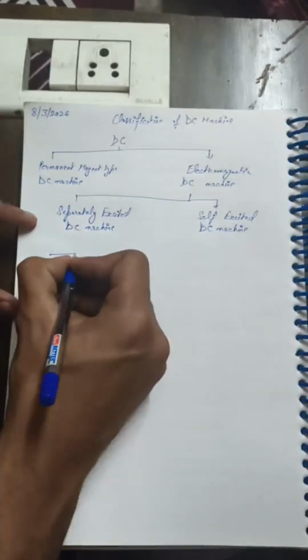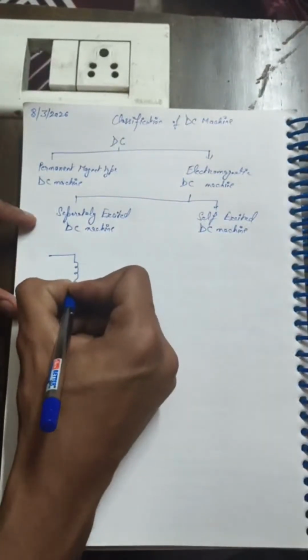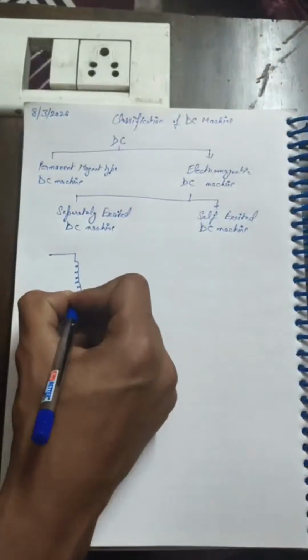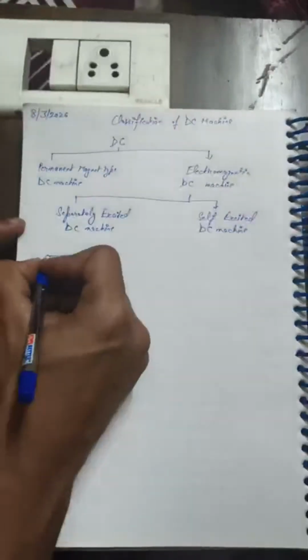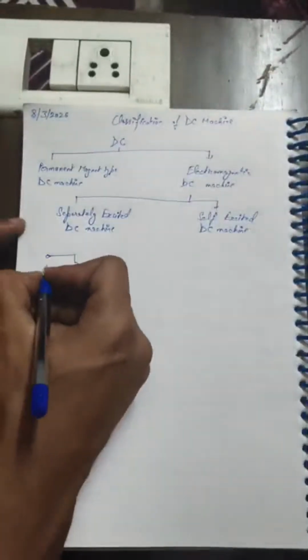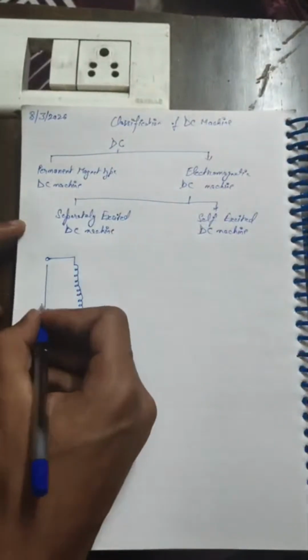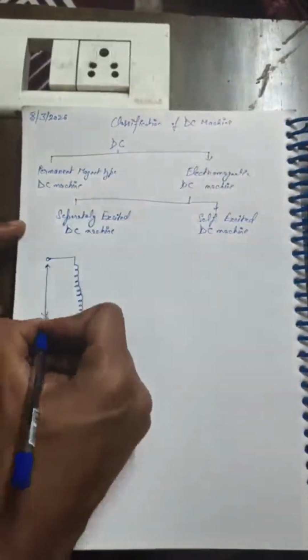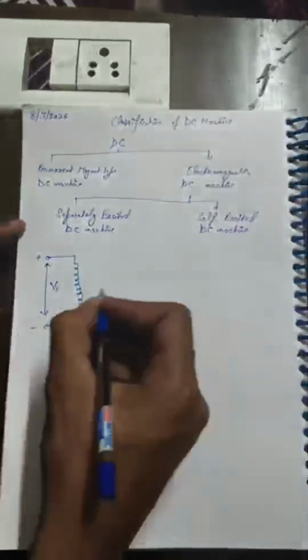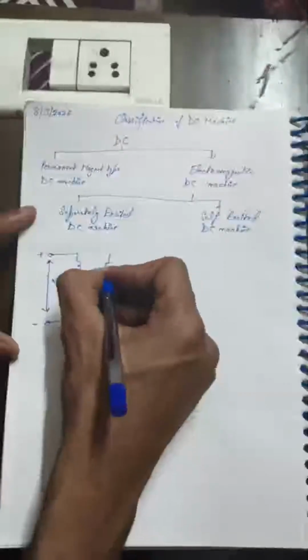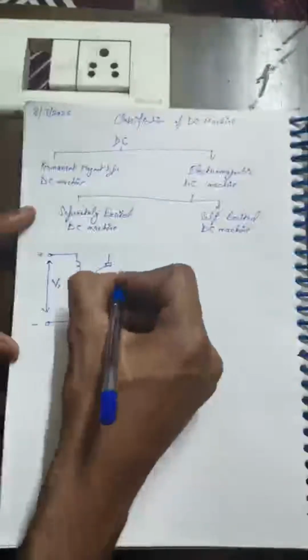Suppose this is the field winding of the DC machine, having V1 voltage, and this is the armature.